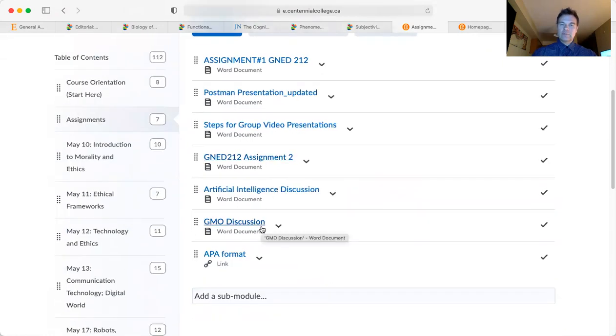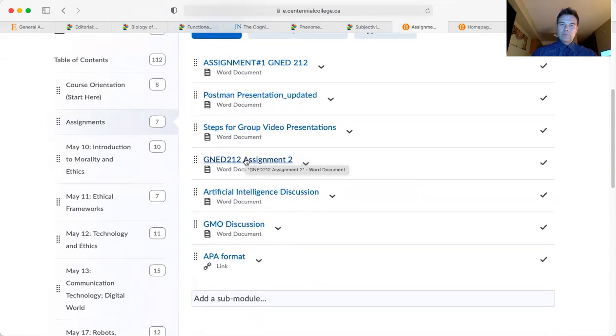And assignment number 2 is also a group project, again, ideally composed of 5 members. The artificial intelligence discussion and GMO discussion are individual, but they are interactive assignments.